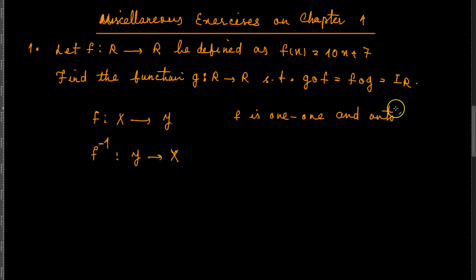Once you know that f is 1 1 and onto, then you know that f is invertible. Once you know that f is invertible, then you define some function f inverse to be the inverse of f.